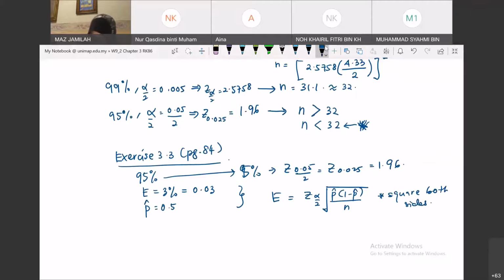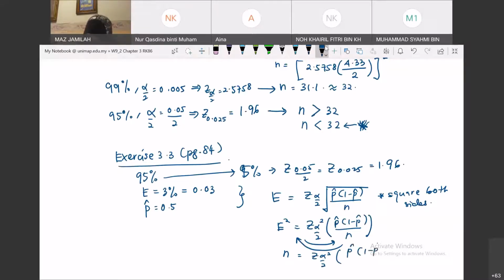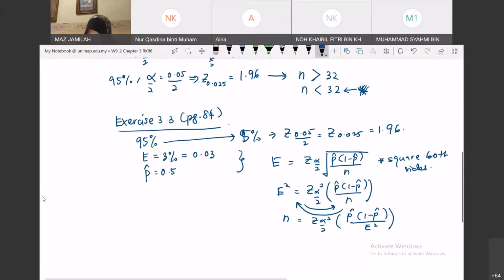When we square, we will have E squared equal to Z alpha over 2 squared, and the square root will clear, so you will have P hat times 1 minus P hat divided by N. Bring your N to this side and E squared to the other side, so you will have N equal to Z alpha over 2 squared times P hat times 1 minus P hat divided by E squared. That is how you can find your N.